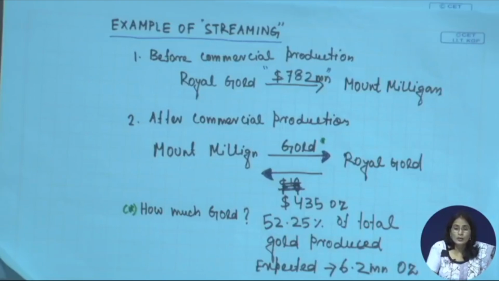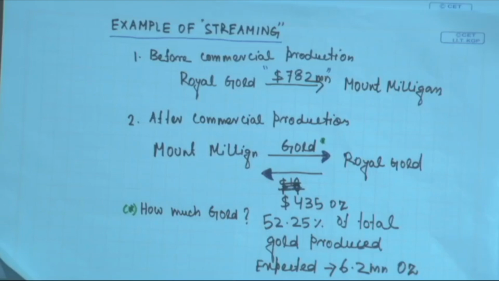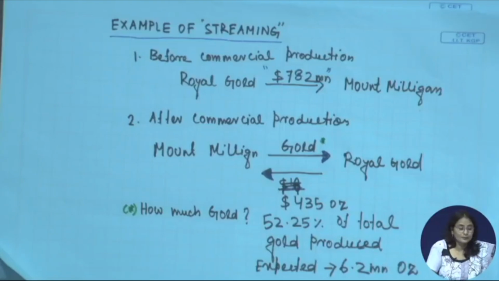So during the mine functioning stage, whatever gold it is going to produce, 52.25% of the total gold will be delivered by Mount Milligan to Royal Gold, and Royal Gold in turn will pay $435 per ounce of gold it receives from Mount Milligan. So this is an example of a streaming deal.